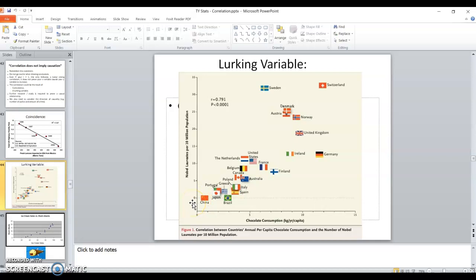And the richer countries are, the more Nobel prizes they win. Most Nobel prizes are in the sciences, so you'd need a lot of money to set up the kind of scientific labs and facilities to win them, or have world-class universities, which might help you win them. So it's wealth, how rich the countries are, a lurking variable causing both.